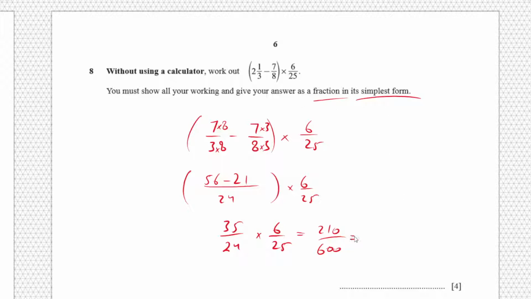We can do that without a calculator. 2 is a common factor here, so we can divide both by 2, which makes this 105 and this 300. Actually, we could have divided by 10, which would have been easier, just cancelling the zeros. And here I see that 3 is common. So 3 7s are 21 and 3 20s are 60. And I think that's the answer. It cannot be further simplified.